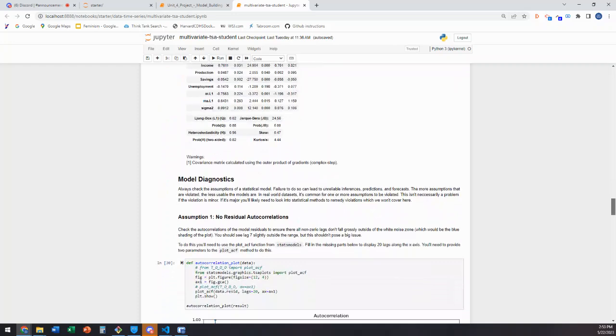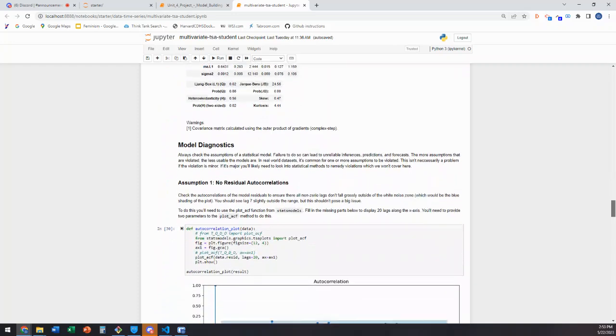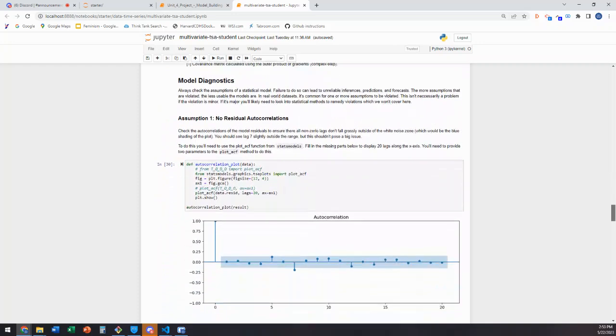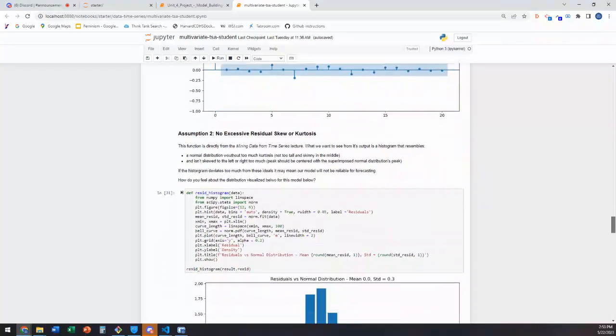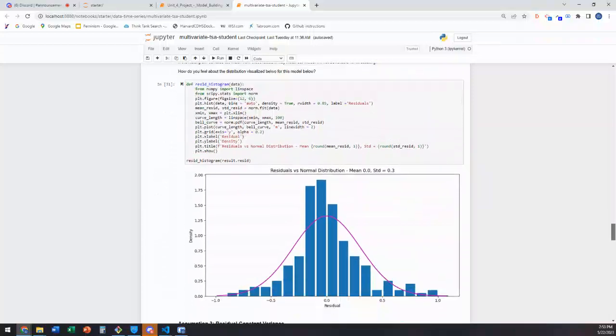So right here, we go through our model diagnostics and make sure that each one of our assumptions is valid. And as we can see right here, there are no residual autocorrelations. For the most part, they remain in the range. And there's no excessive skew or kurtosis.